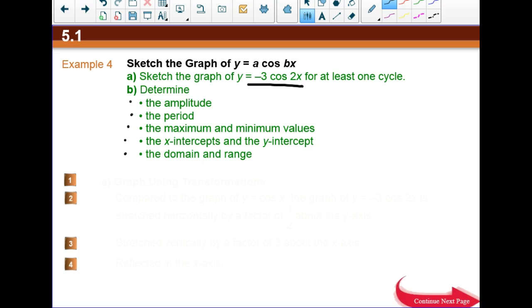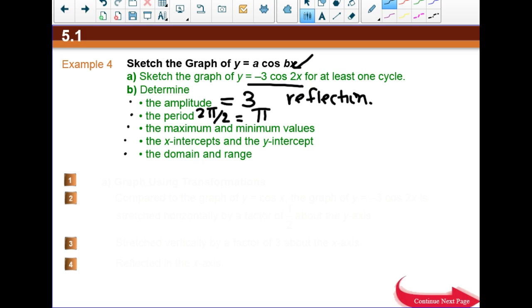Because our amplitude is never negative. So our amplitude for this question is 3. The minus means what? Yeah, means there is a reflection. Okay, the period length in this one is 2 pi over 2. So 2 pi over 2 is just pi.